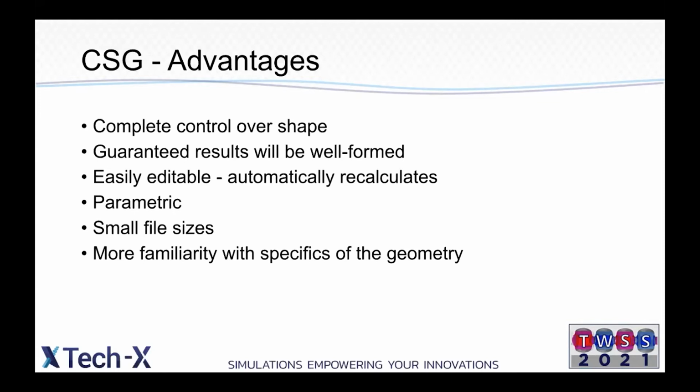And then this last one, it's a bit of an intangible, but if you create your object from CSG, you get more familiar with the specifics of it. So you know exactly where it is in space, you know what the units are, you know what the sizes are. And this can pay off later when you're trying to add instrumentation or fields or things that require specific coordinates.